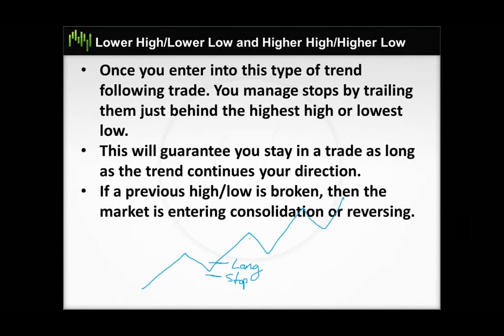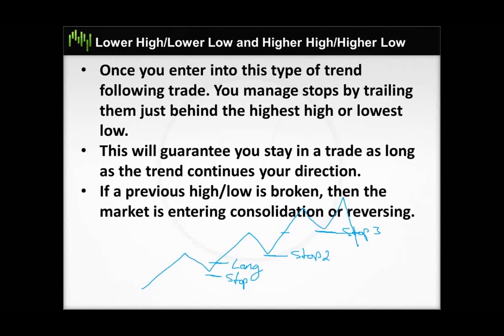It goes up, pulls back down, puts in a higher low. As soon as it pivots back up to about here, we move our stop up around here. It goes up, pulls back, goes higher again, and we trail our stop once again. As long as we continue to put in higher lows, as long as the trend continues, we stay in it. And when would we get out? As soon as the market turns around and stops putting in higher lows.